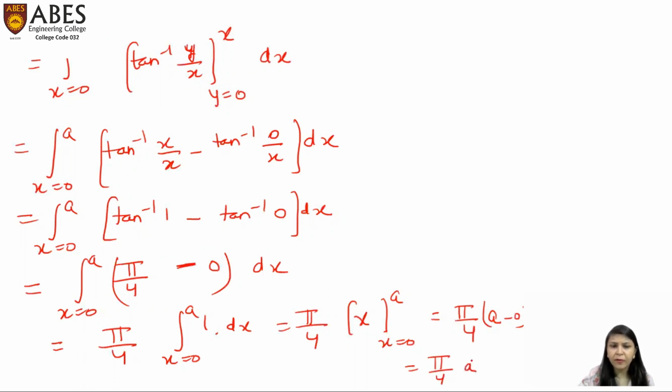So the answer is pi by 4 a. This will become the answer of this question, pi by 4 a.